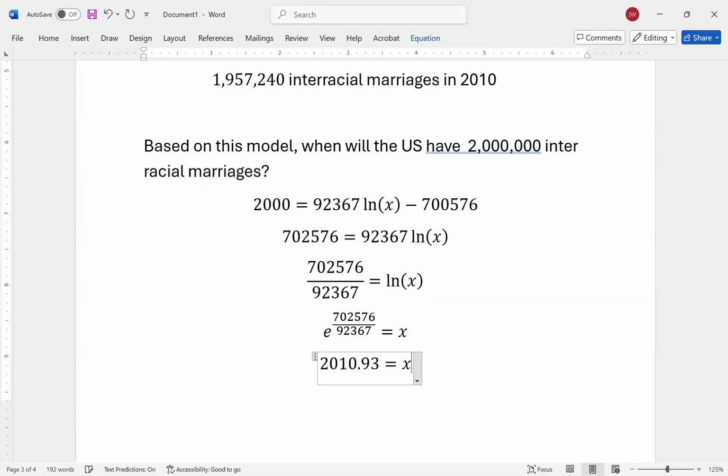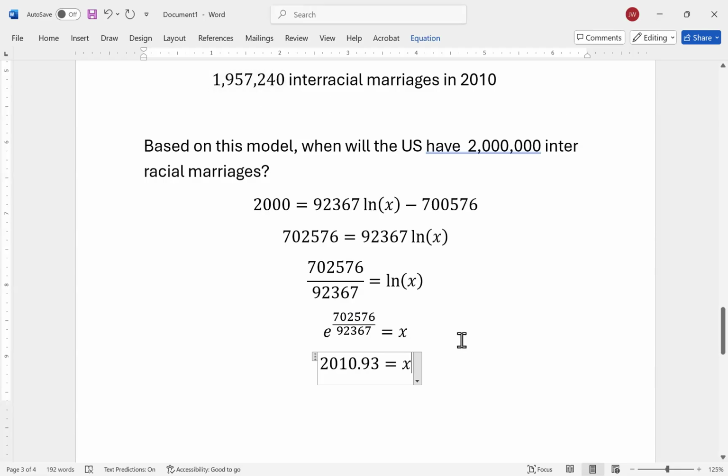So once we get to 2011, we'll probably have over 2 million interracial marriages. If you're in 2010, probably just under that. So 2010, just under that.